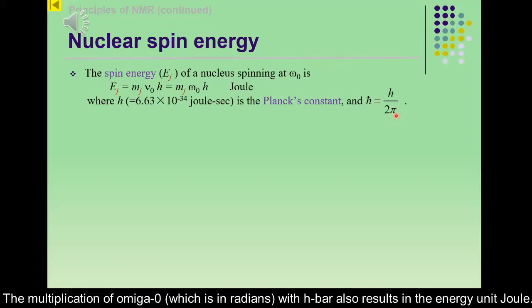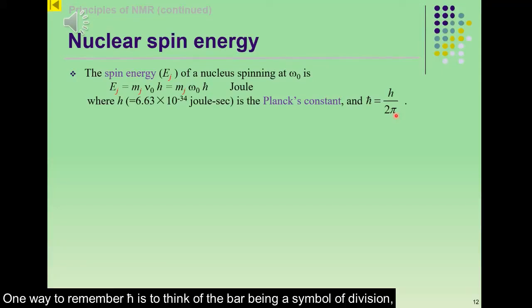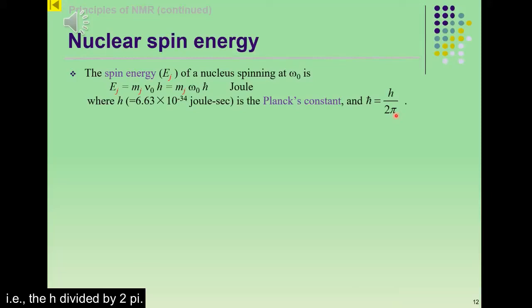The multiplication of omega naught, which is in radians, with h bar, also results in the energy unit joule. One way to remember h bar is to think of the bar being a symbol of division, i.e. the h divided by 2 pi.